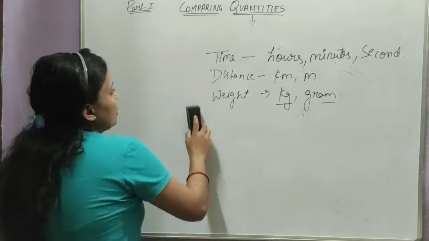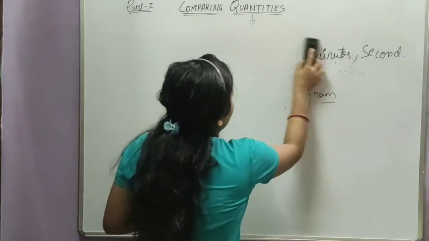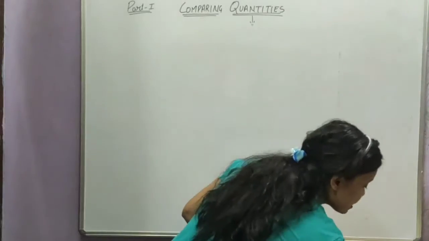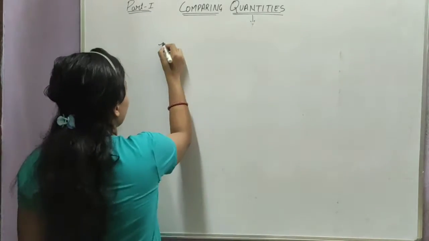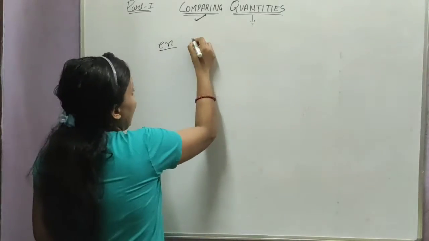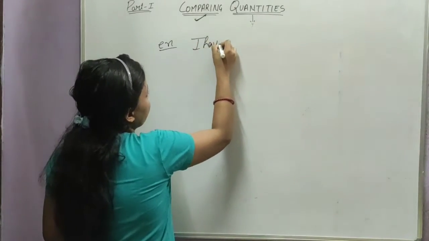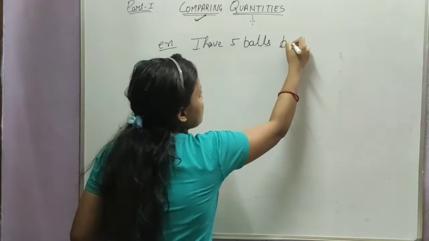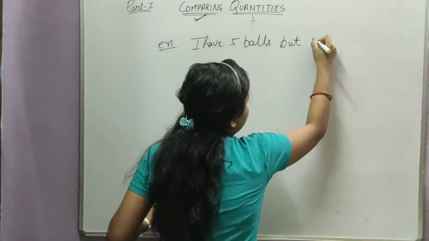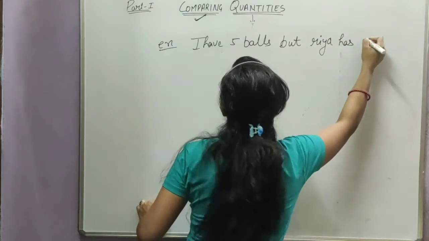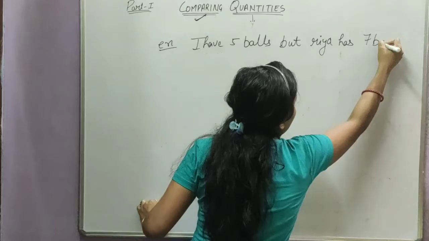Now comparison. What is comparison? Let's take an example for understanding the concept of comparison. I have 5 balls, but Ria has 7 balls.